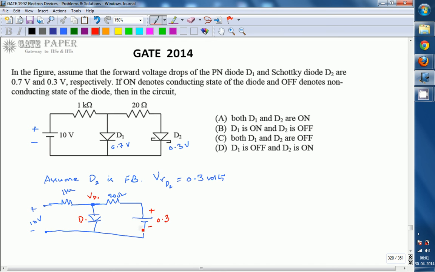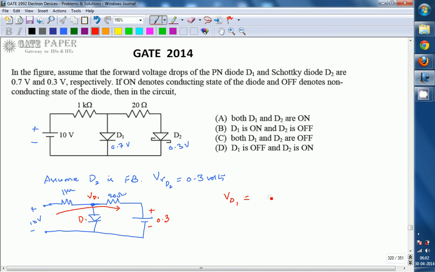So assume that the diode D1 is under reverse bias. What can be the maximum voltage you may get across VD1? Whenever the diode is reverse biased, the current flowing through both the resistors is the same. Because diode D2 gets forward biased first, the entire current is taken by that path and diode 1 is reverse biased. So the entire current flows through the 1 kilo ohm and 20 ohms, which are in series now.